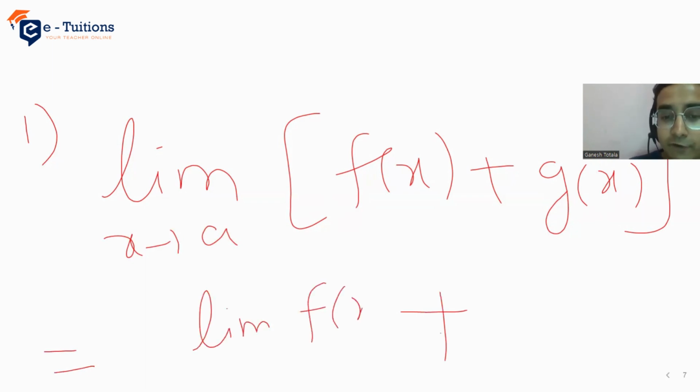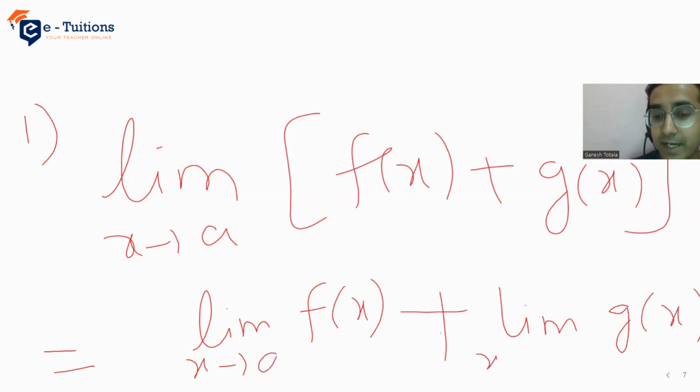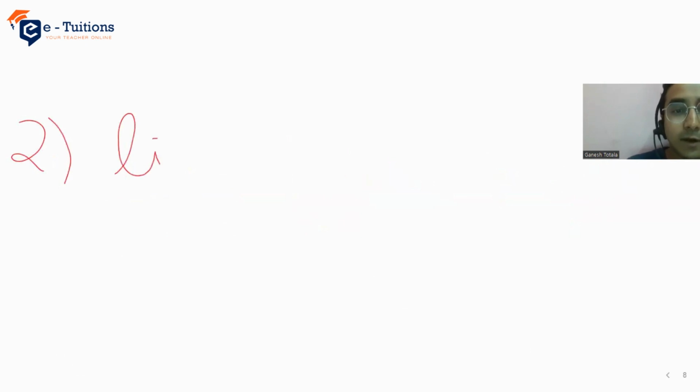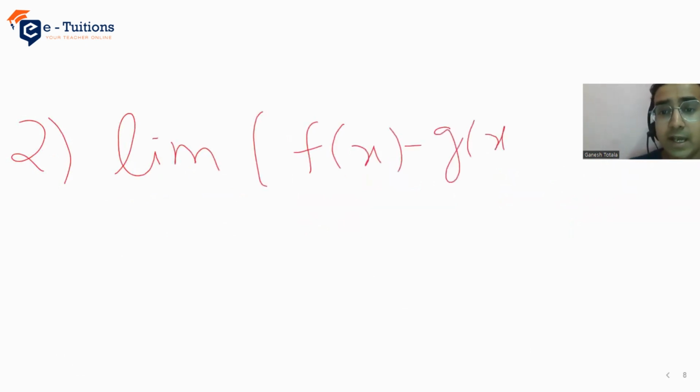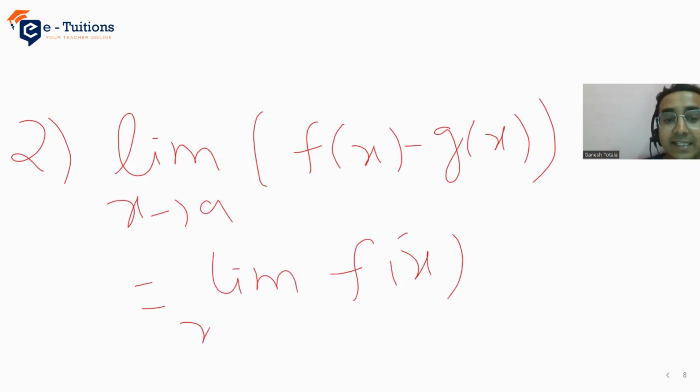So limit of f of x as x is tending towards a plus limit of g of x as x is tending to a. The same holds good with subtraction as well. So limit of f of x minus g of x as x is tending to a is equal to limit of f of x as x is tending to a minus limit of g of x as x is tending to a.